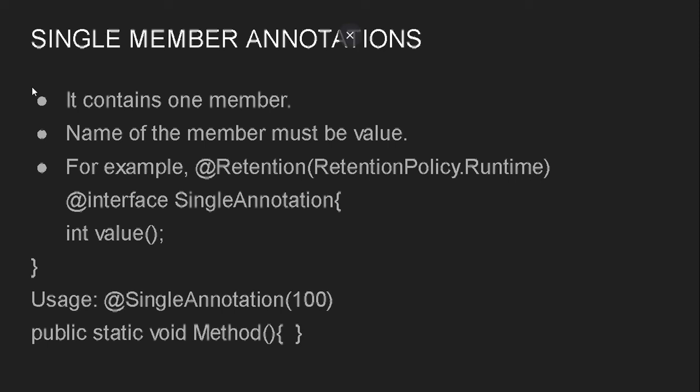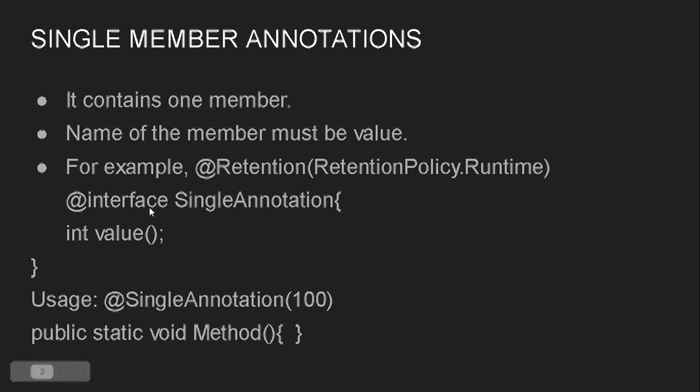As the name itself suggests, single member means it is going to contain exactly one member. The name of that particular member is usually value. Here I have defined a single member annotation named SingleAnnotation, and here I have defined a member, int value.